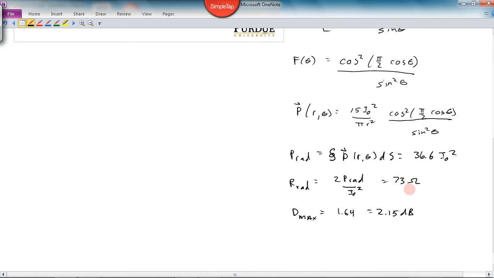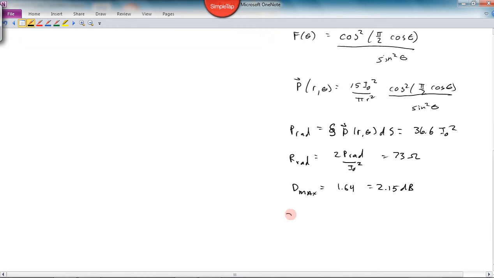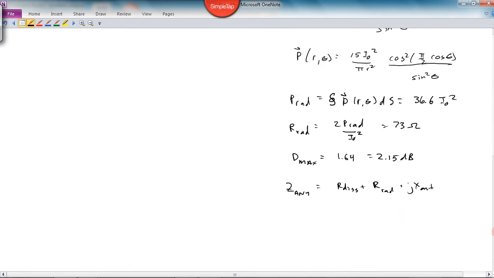So far, we haven't calculated any sort of reactive component of the antenna impedance. You'll recall that the antenna impedance is typically equal to R dis plus R rad plus j times the reactance of an antenna, and calculating reactance of an antenna is going to depend on the behavior of the E fields and the H fields in the near field region.